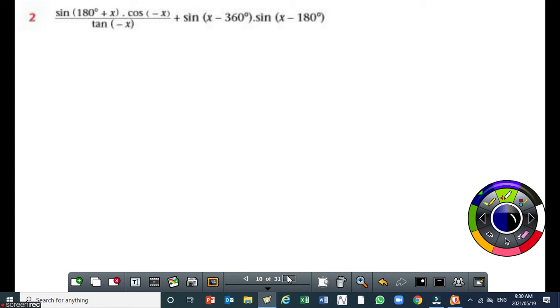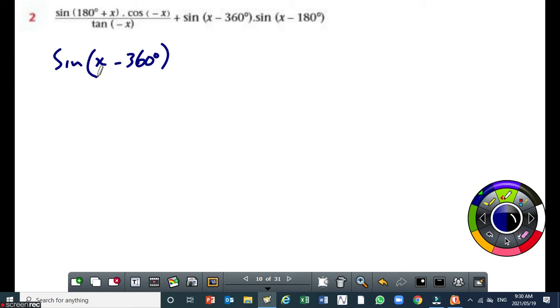Before I carry on, I just want you to be aware that sine of x minus 360 degrees, I can simplify this. From what you understand about quadrants so far, in which quadrant is x minus 360?